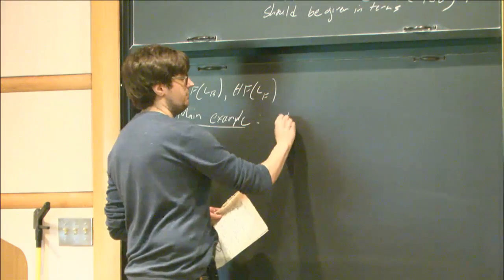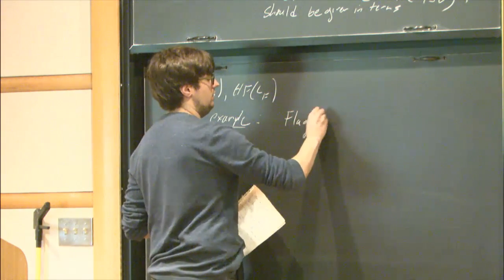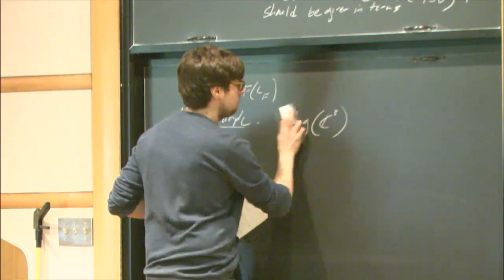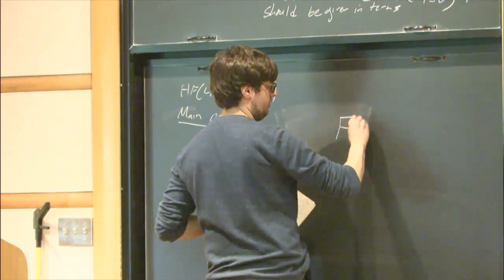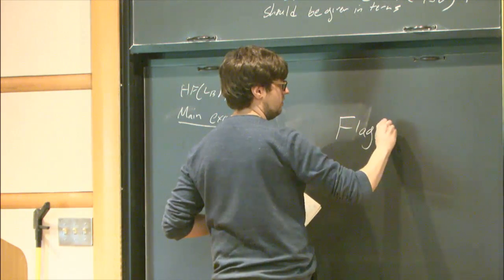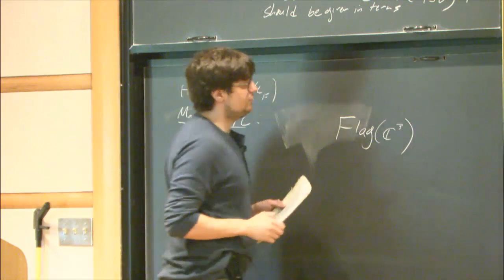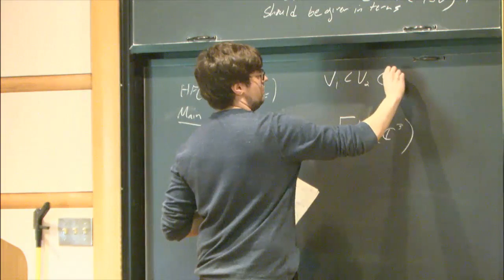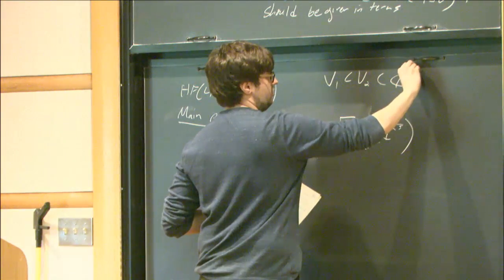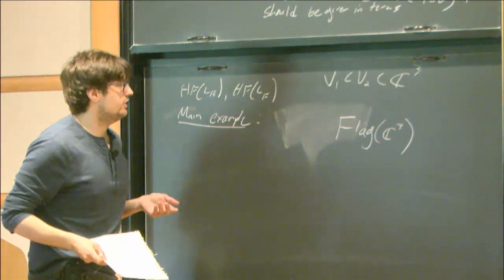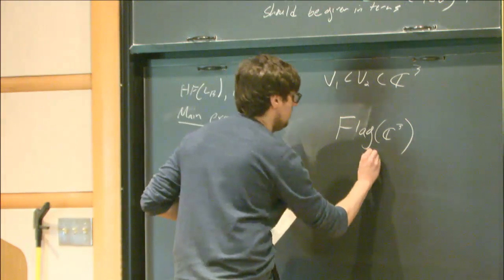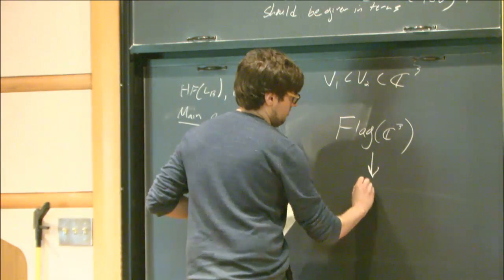If you take full flags in C^3, you have a chain of subspaces of increasing dimension, and if you forget the two-dimensional complex vector space, you get a fibration over P^2.